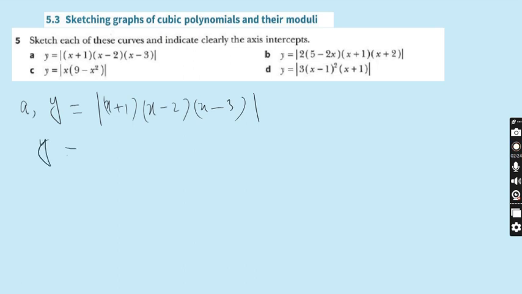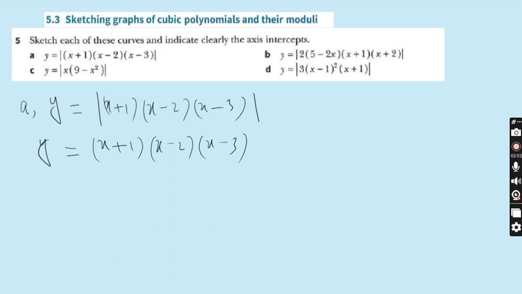Like, let y equal (x plus 1)(x minus 2)(x minus 3). Now I took this equation without the modulus sign. Now do all the work which we did in question number 4. First we have to find the axis intercepts, that is the x-intercept and y-intercept.